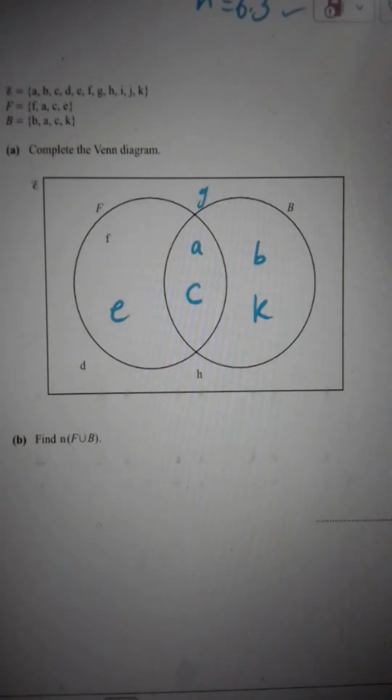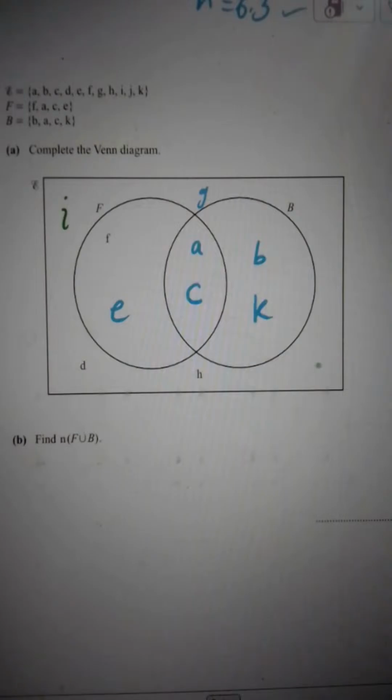So how can we complete this Venn diagram? It is A, B, C, D, E, F, G, H, I. I has to be outside here.